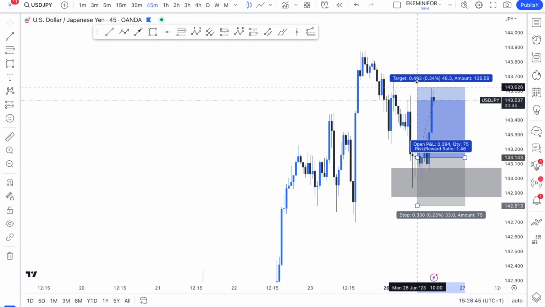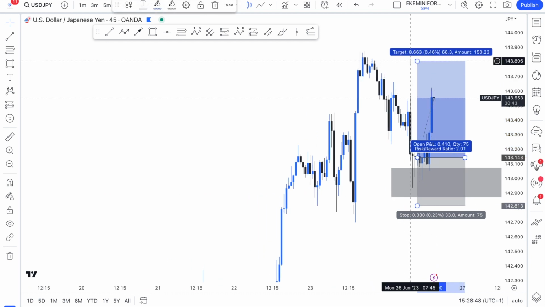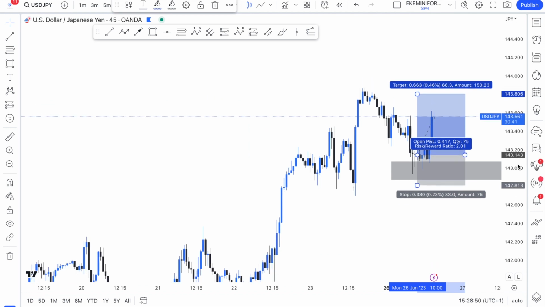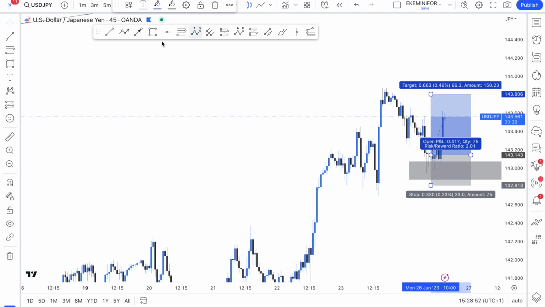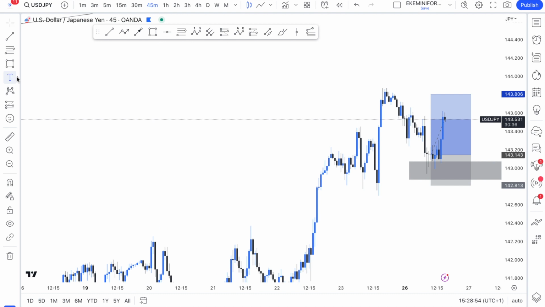One of the things I looked at was the momentum. Let's start again. What did I look out for in the market before taking this trade? First of all, let me bring the text.